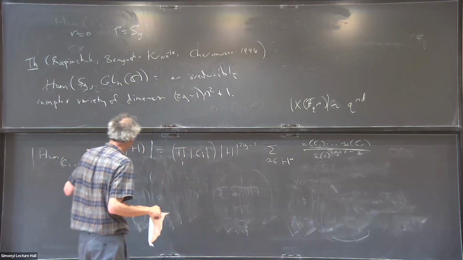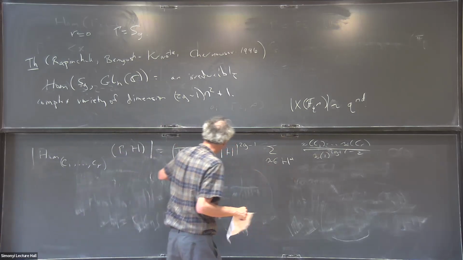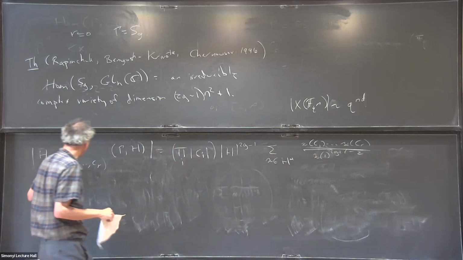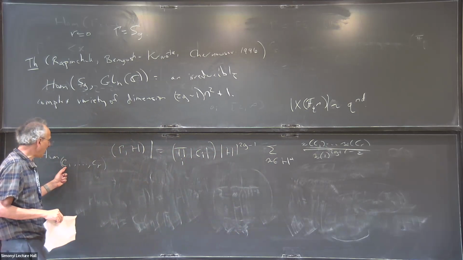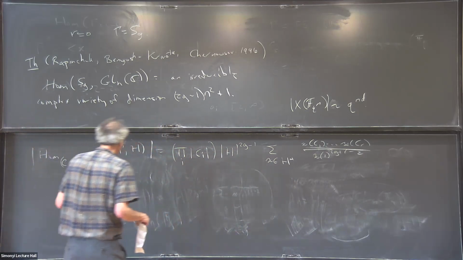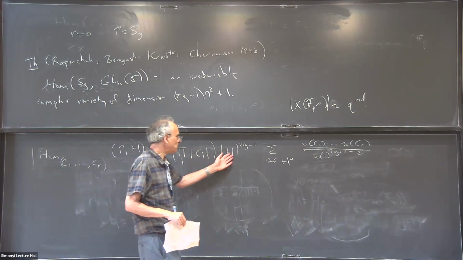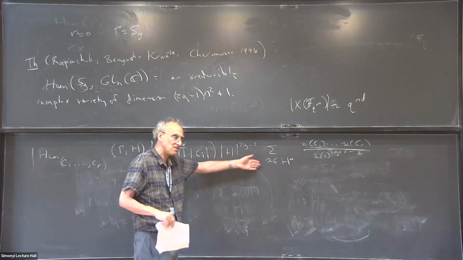So again, if you ignore this correction term and just think about these terms, this is sort of what you would expect. The images of Z1 through ZR land in these sets, so the number of possibilities is given by this, and for the X's and Y's you have H to the 2g possibilities, and you have one relation in H. So you would expect this, and this is the correction term.